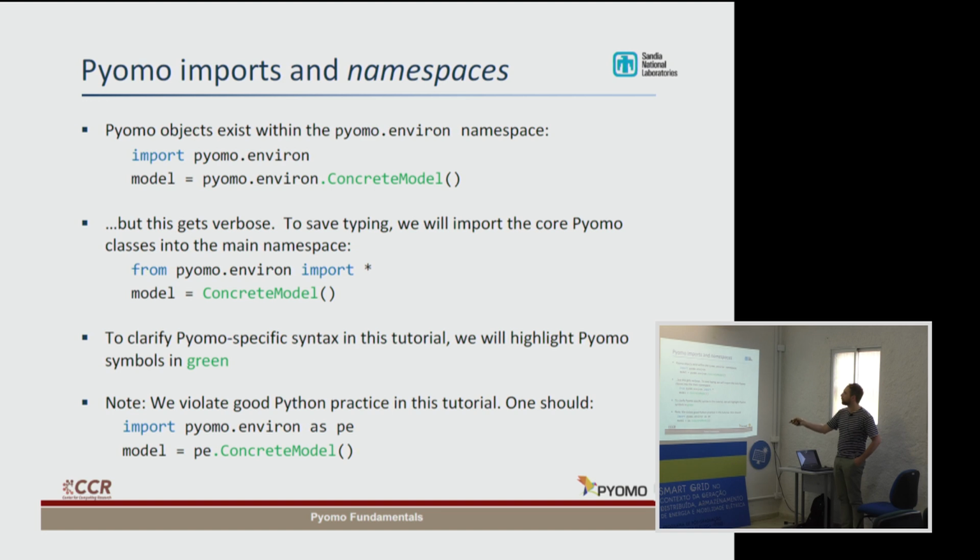Because if we don't import star, import all, we will have to write this line every time we want to use a function, and it's easier to write it like that. So we prefer the import all like that. To clarify the notes here, all the symbols that come from the Pyomo package will be in green.